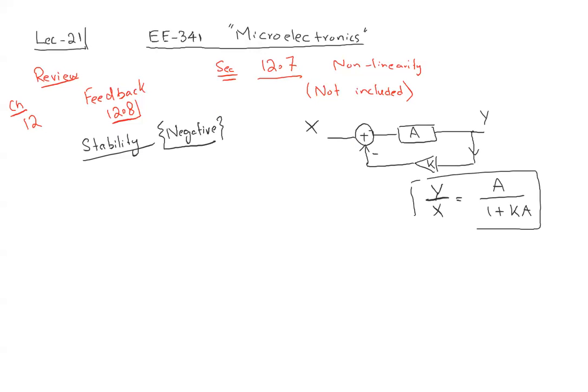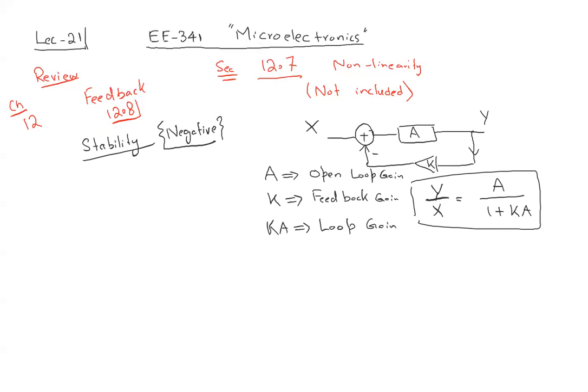Let's make sure we are all comfortable with this, where A is the open loop gain. We need some terminologies again and again. K is the feedback gain, just the factor K, and KA is what we call the loop gain.